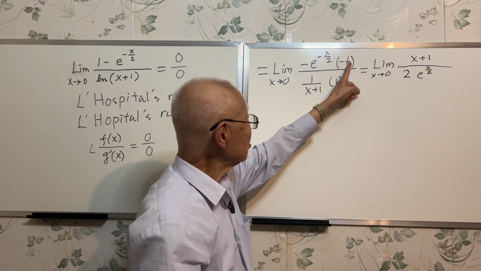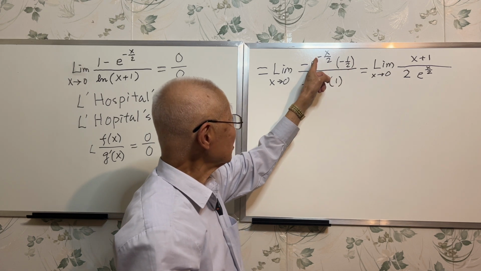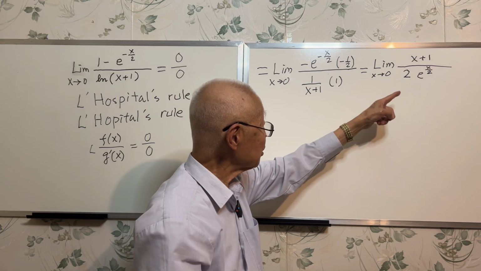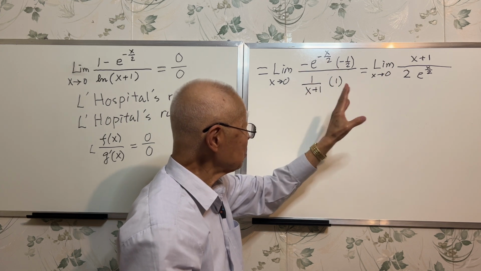The 2 goes to the denominator. The negative exponent goes to the denominator. Negative, negative becomes positive.